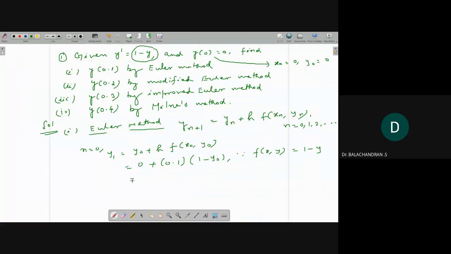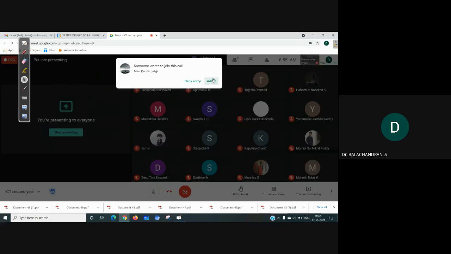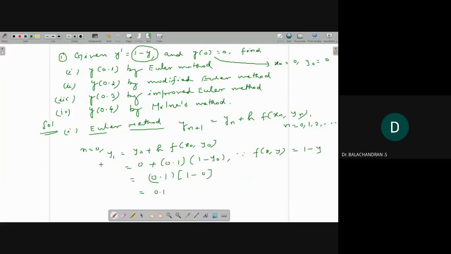This is equal to 0.1 into 1 minus y0. Y0 is again 0, so you will get 0.1. So y1 equal to 0.1.